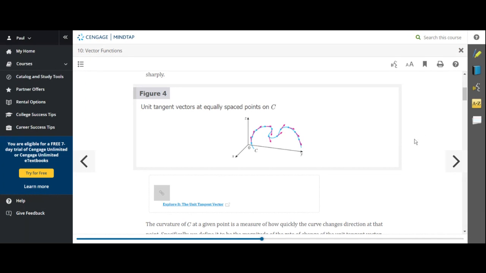I wish we could draw on this. All right, so the curvature of this space curve is, where is the curvature? Let me see here, hold on, class.